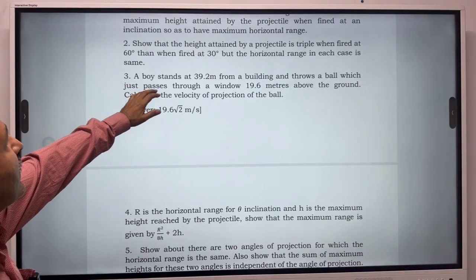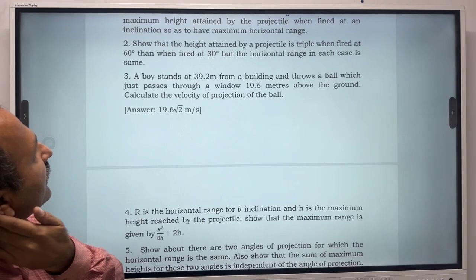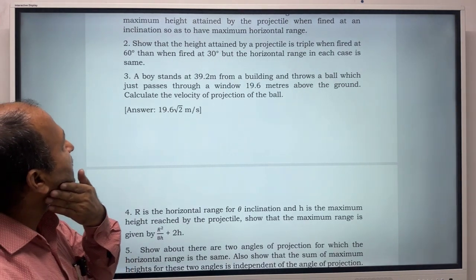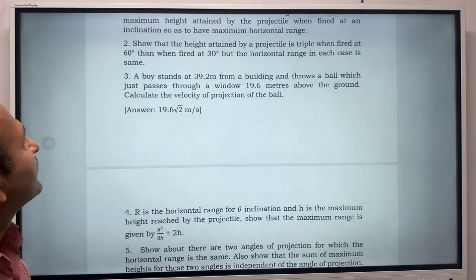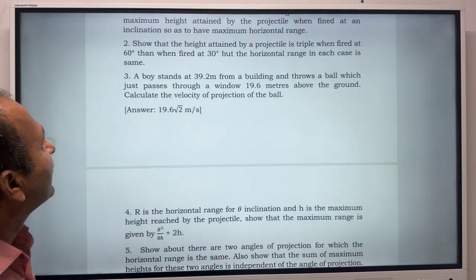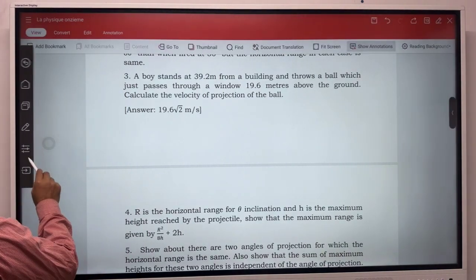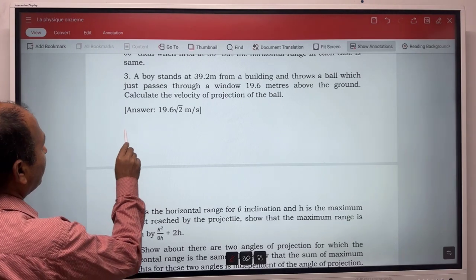Next question is, a boy stands at 39.2 meters from a building and throws a ball which just passes through a window 19.6 meters above the ground. Calculate the velocity of projection of the ball. Here, let's see the situation, what is happening.